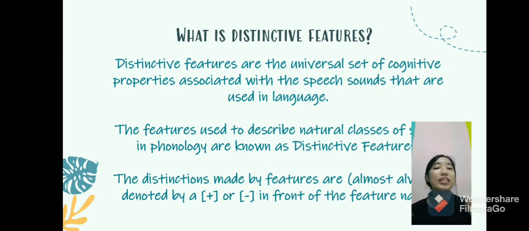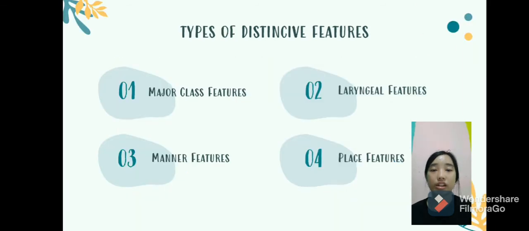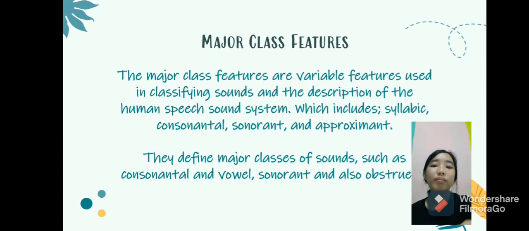For distinctive features, the signs are plus and minus. There are four types of distinctive features. First, the major class features. The second one is laryngeal features. The third one is manner features, and the last one is place features.